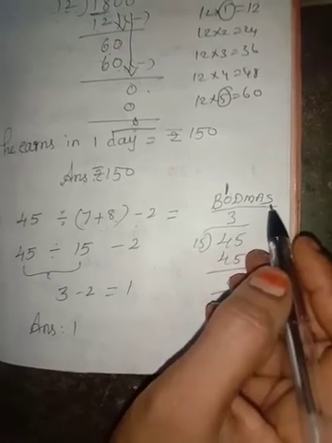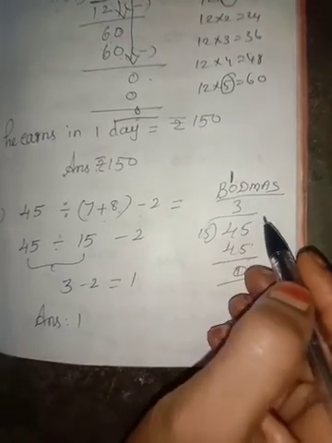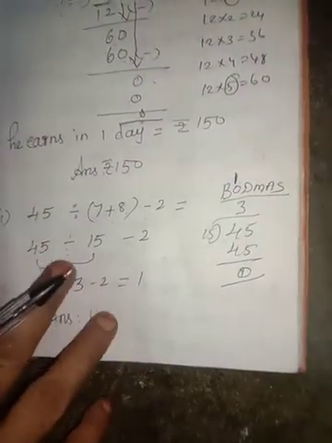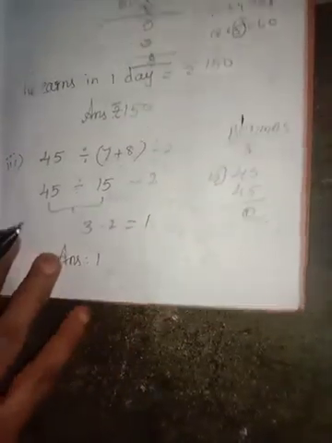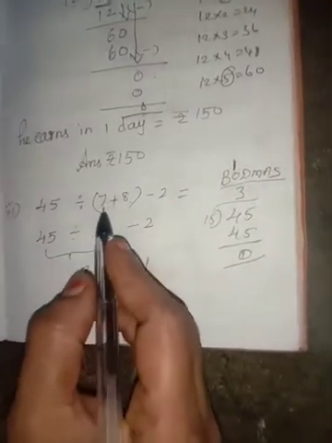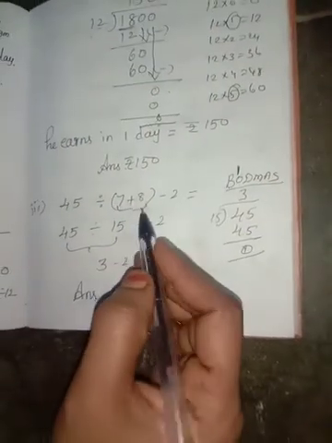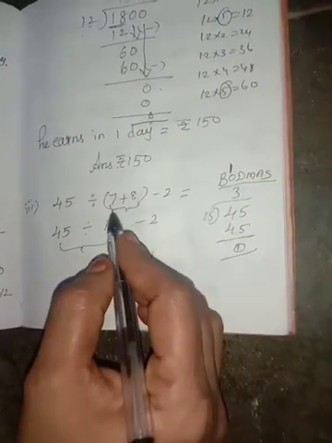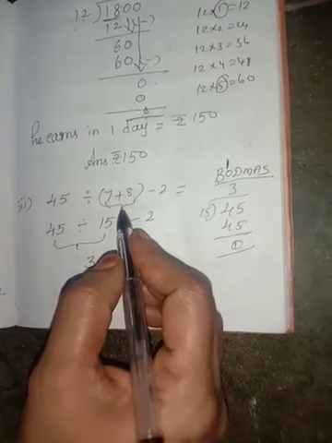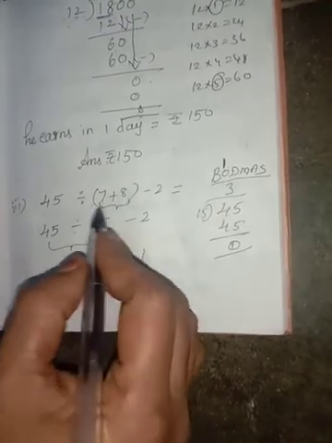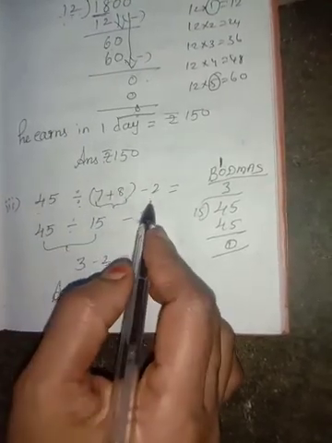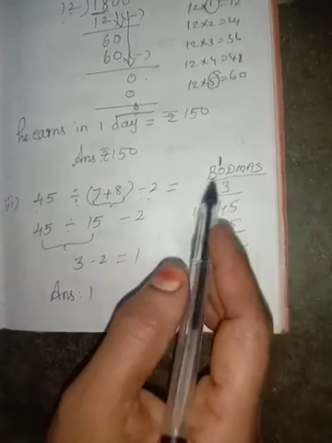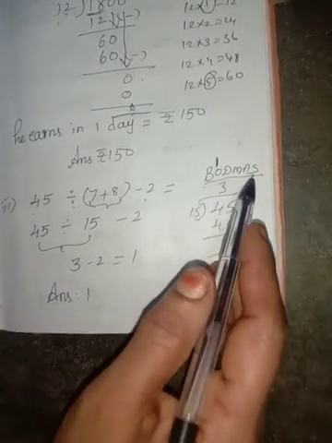So in this order we are going to solve the given sums. In these sums we have the bracket first. So find the value of the bracket first and then proceed with the division and subtraction, because we are using the BIDMAS rules.